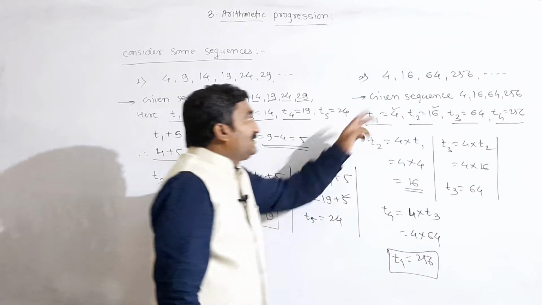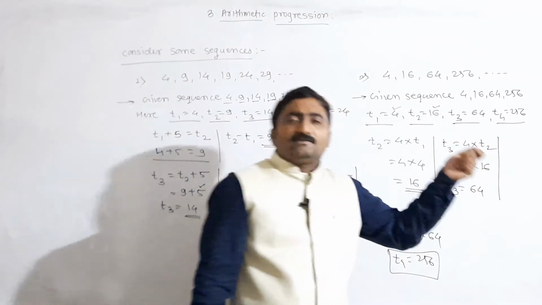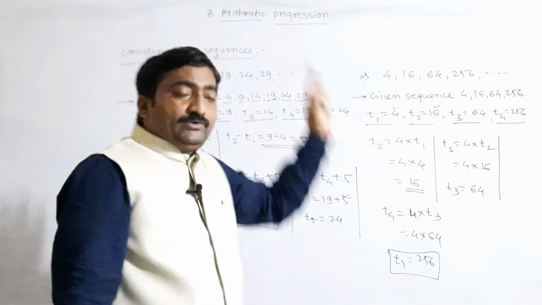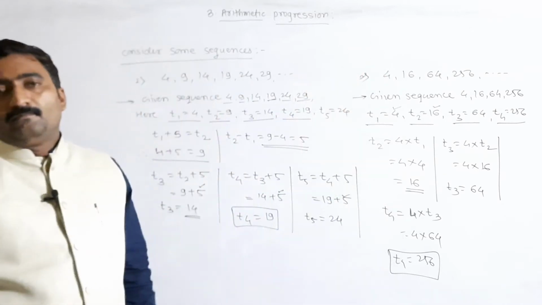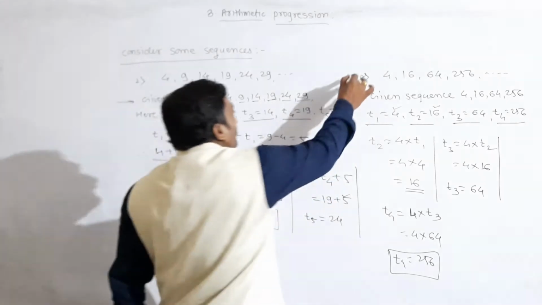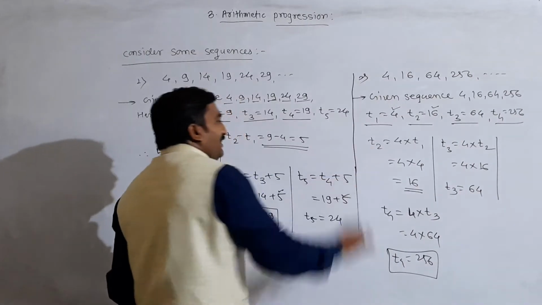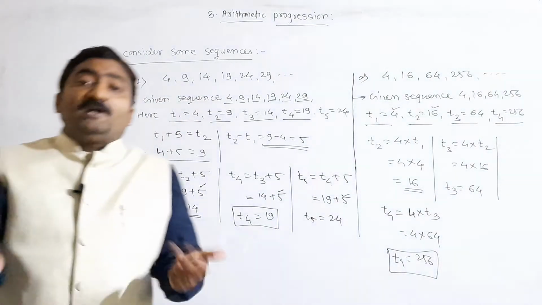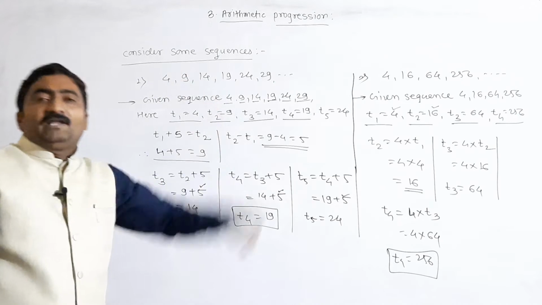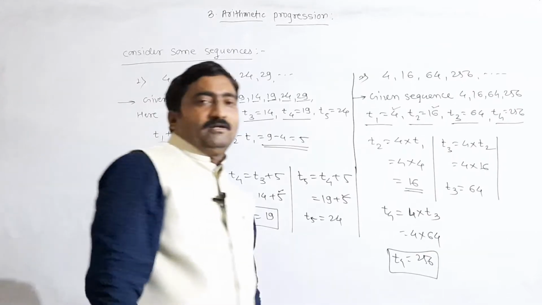It means in the given sequence, each term is obtained by multiplying the previous term by 4. Both are sequences, but the conditions are different from each other. Here the same number is added, here the same number is multiplied.